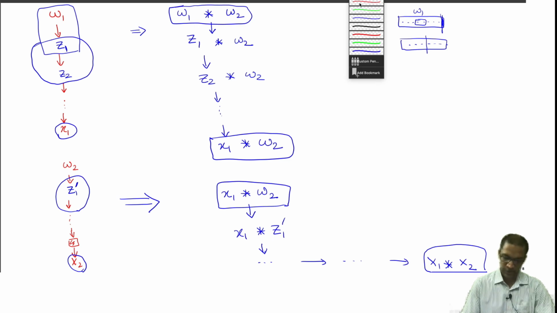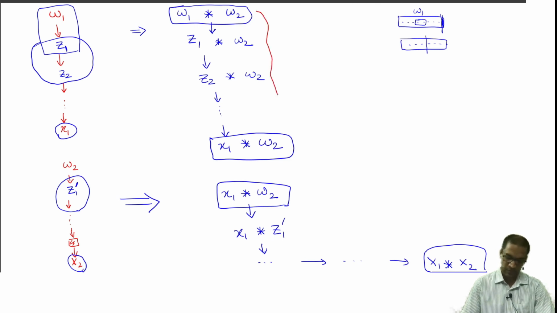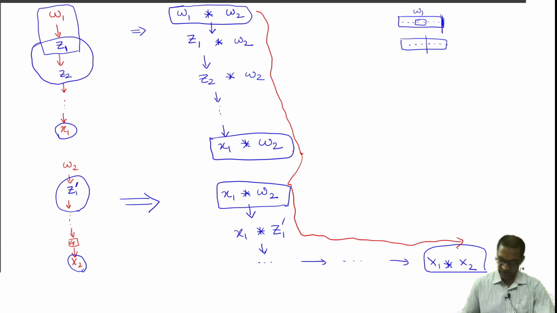So what have I managed to do? I have managed to start at W1 star W2. I am following this chain of rewriting rules. So at this point, this and this are the same. Now I follow after that this chain of rules, and finally I reach my destination. Okay, so what this means is that W1 star W2 is in fact equivalent to x1 star x2.